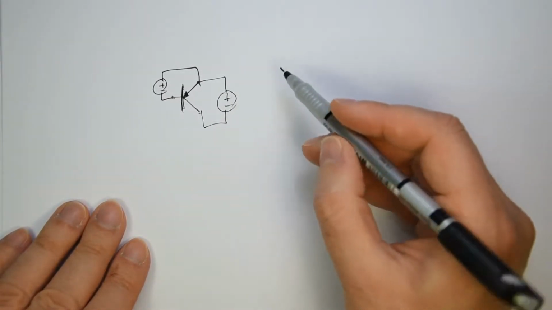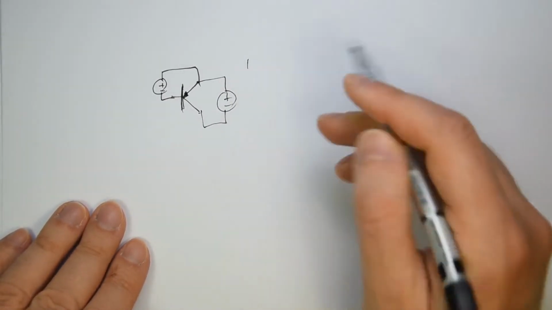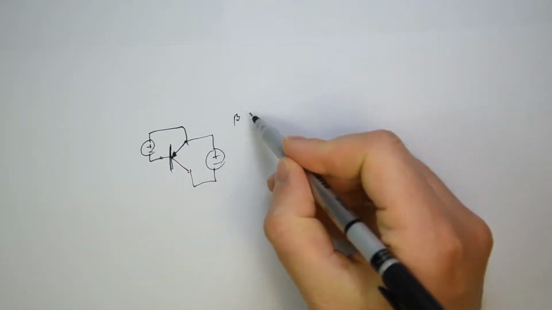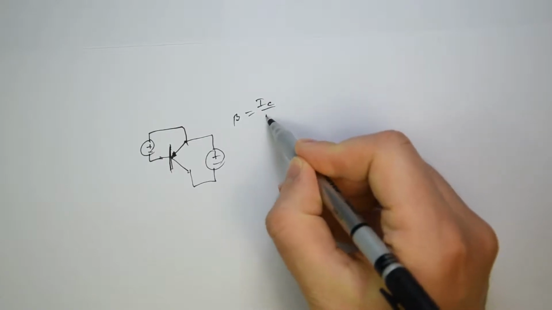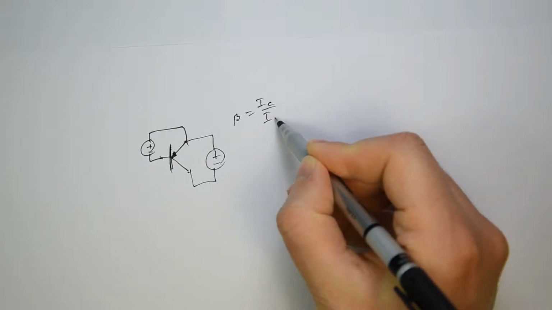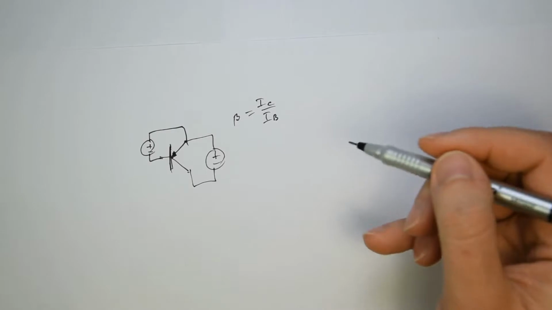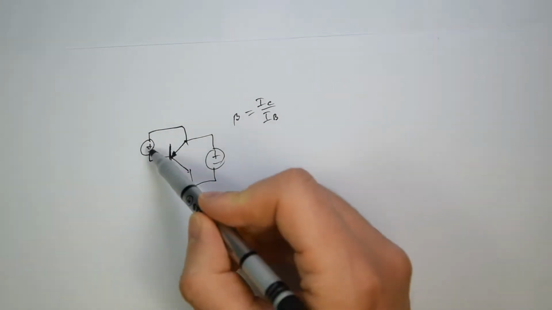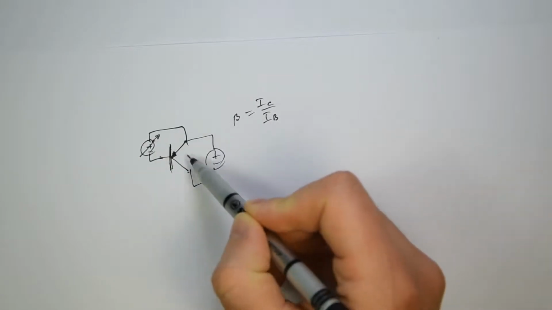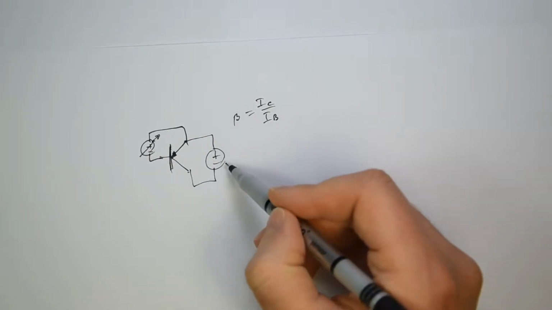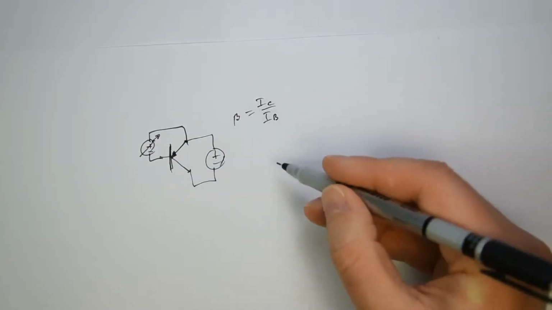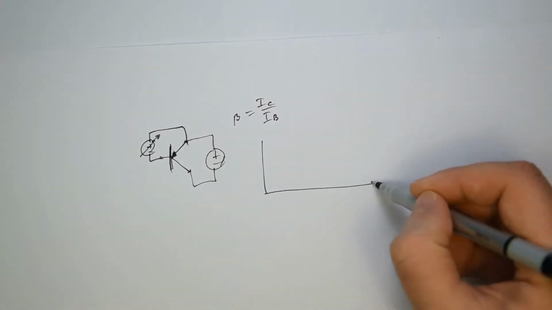Now, to calculate the beta, as you for sure know, the beta is the collector current versus the current into the base. And for this, you have to vary the base to emitter voltage, keeping a constant voltage between the emitter and the collector, and you will obtain a plot something like this.